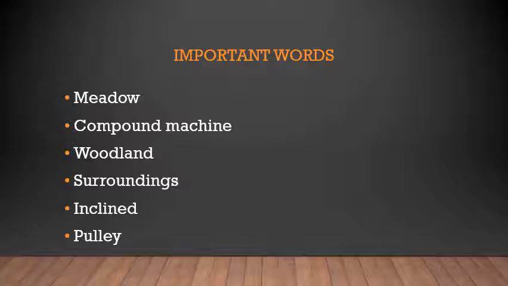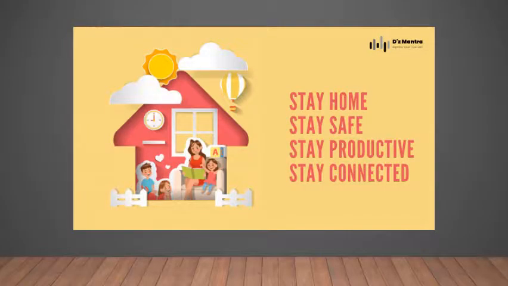Woodland is an area with a dense growth of trees. Surroundings. Natural and man-made things and objects make our surroundings. Inclined. Pulley. These are the most important words that you need to keep in your mind.